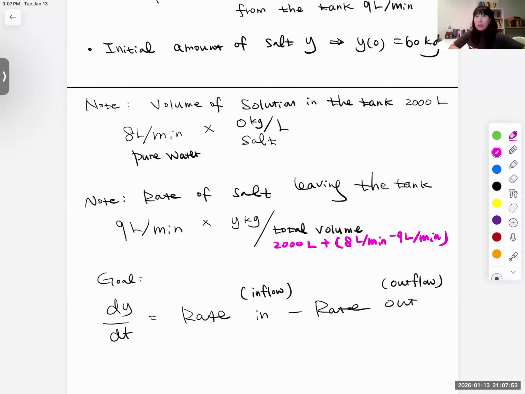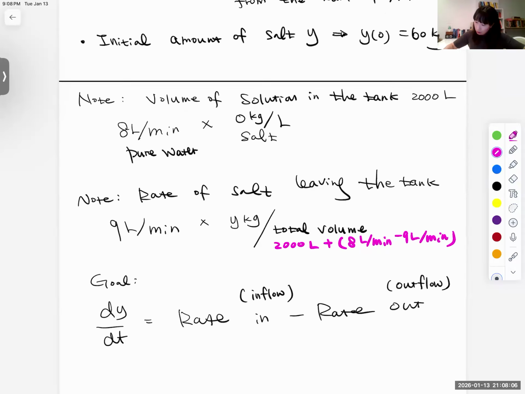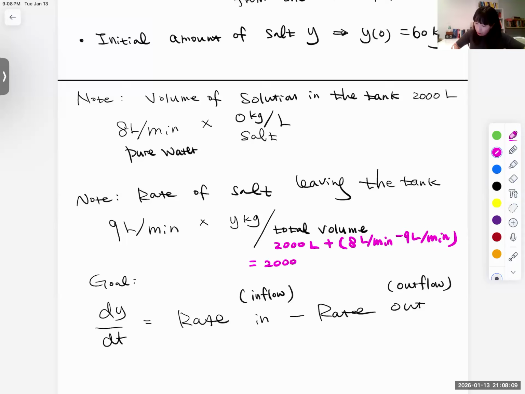Okay, so we express this as 2000 liters, and negative 9 plus 8, negative 1, right? So it's negative 1 liter per minute.